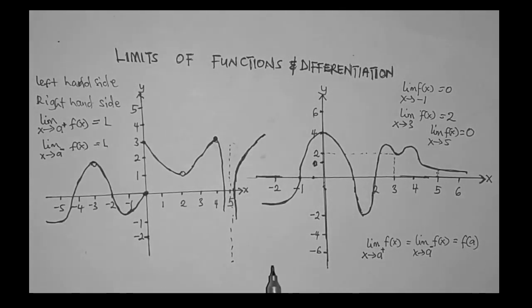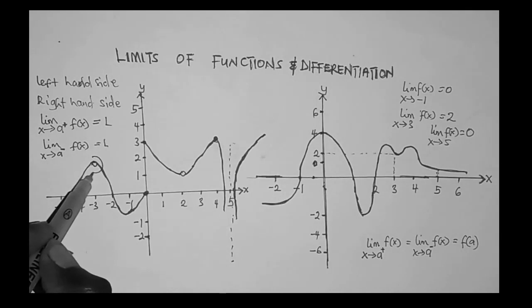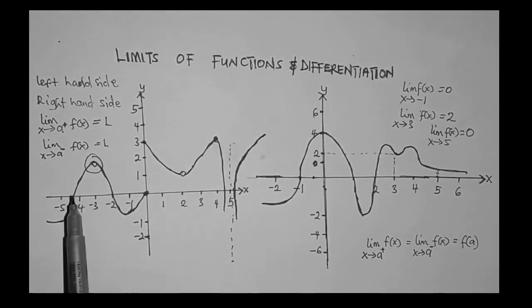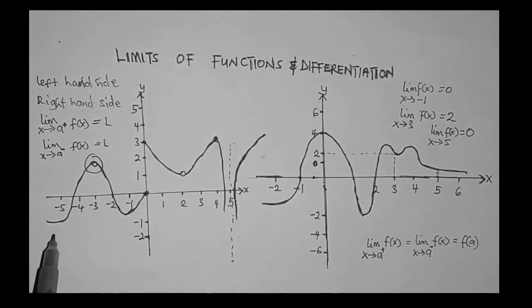So now with that in mind, let us come here. What is the limit as x approaches minus 3 for this particular graph? You see that at minus 3, there is a hole in the graph. This hole means that there is a discontinuity, or a jump at that point. Let me write it here.